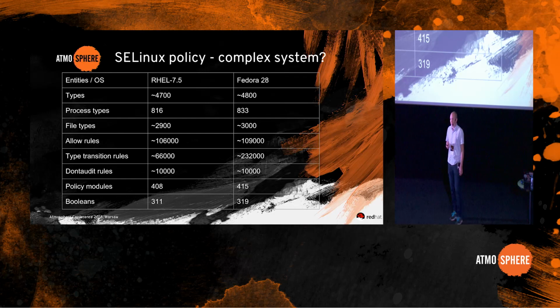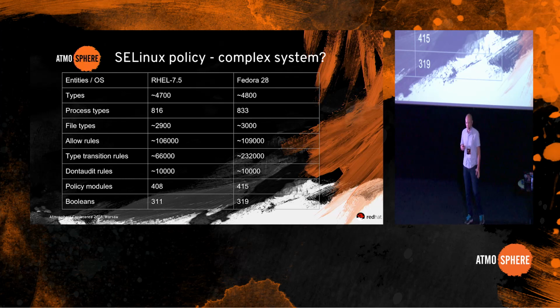So this conference has a subtitle which says, "Let's talk about complex systems." Do you consider SELINUX complex enough for this conference? Yes. As you can see by the numbers, there is a lot of SELINUX rules, a lot of SELINUX types, and modules and whatever.